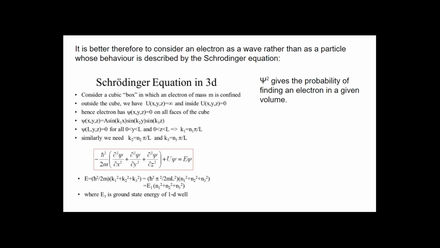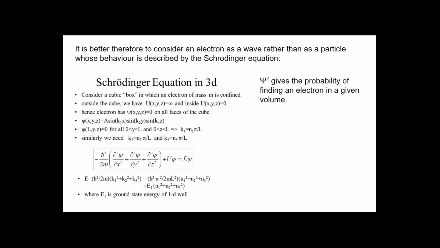It is better, therefore, to consider an electron as a wave rather than as a particle, whose behavior is described by the Schrödinger equation. This can be described by this equation here, which is a wave equation.